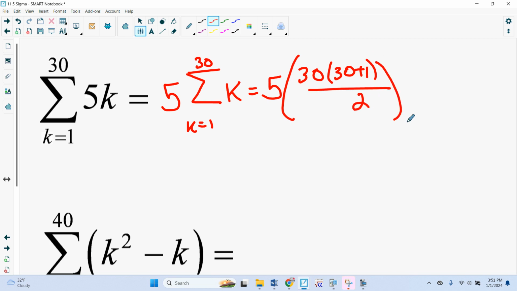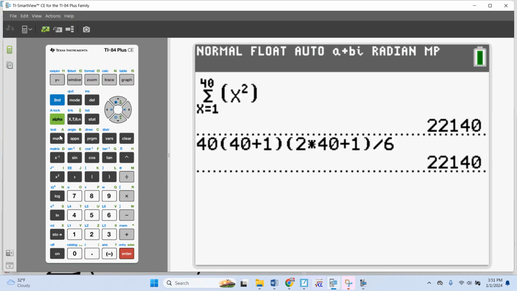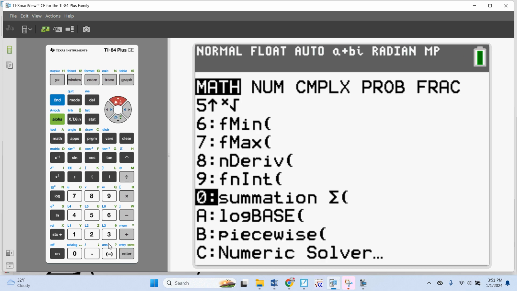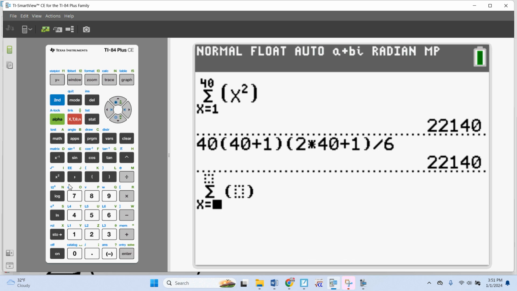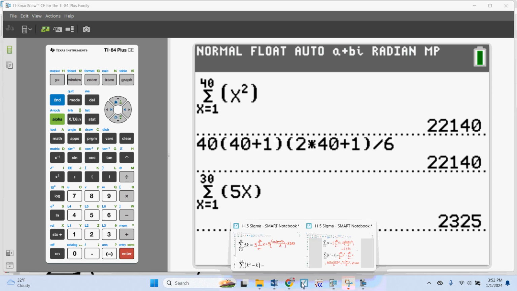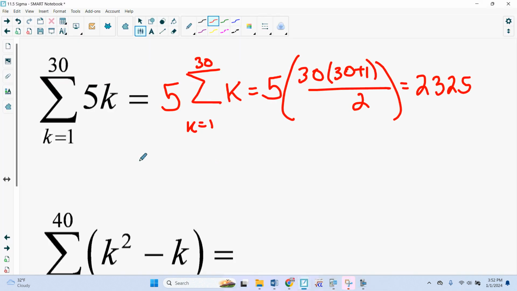And then we could evaluate that, and we get 2325. Or we could just type that into our calculator. Let's look at that just to show it's the same thing. If we went to math, sigma, and we did x equals 1 to 30 and we said 5x, we get 2325, which is the same thing we get if we plug this in.